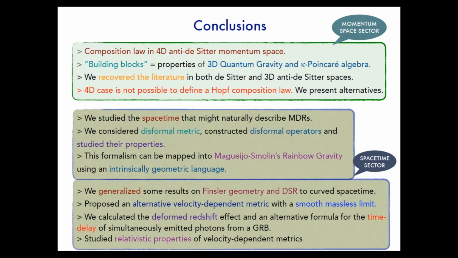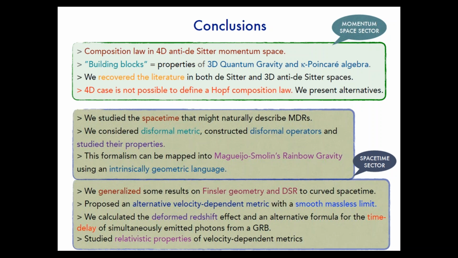Well, just to close here: in the first part we considered the curved momentum space, and we worked on the 4D anti-de Sitter momentum space guided by the intuition from 3D gravity. We axiomatically constructed a Hopf composition law, and we found that it was not possible to find a composition law with the features that are common in the most appealing approaches to this curved momentum space paradigm.